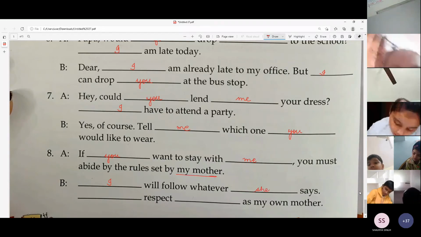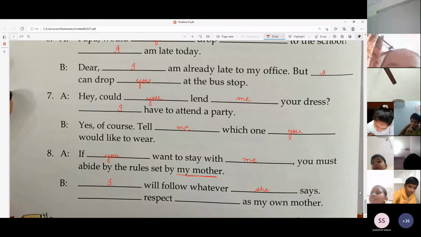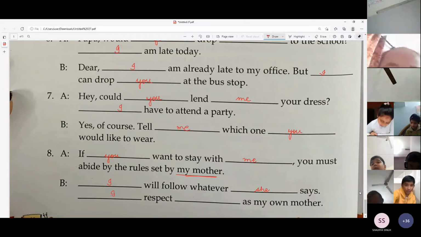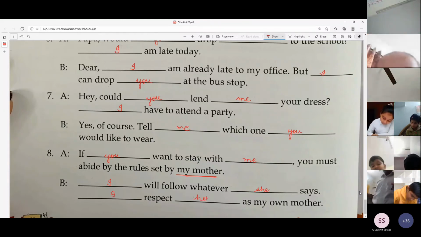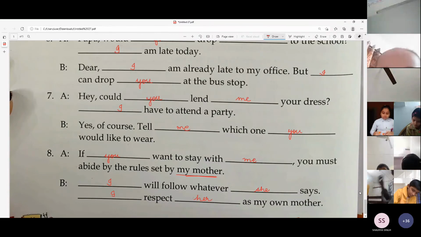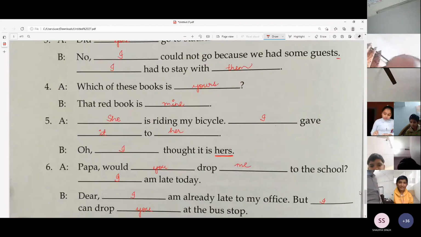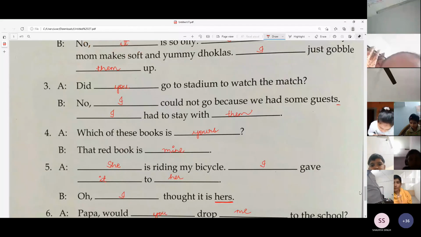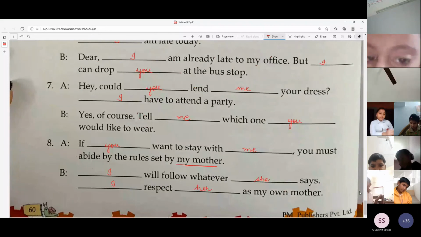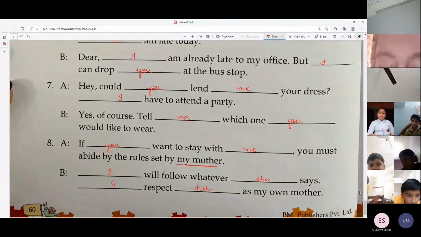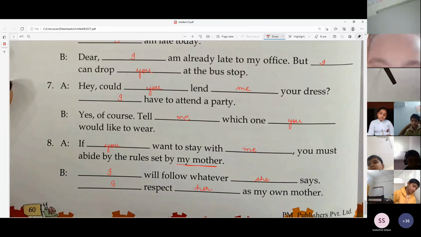Because my mother है ना, she says, I respect her as my own mother. So we have done all the back exercises of pronoun. Now children, complete your work. And if you have any queries, you can ask me. Okay? Wait. Thank you children.